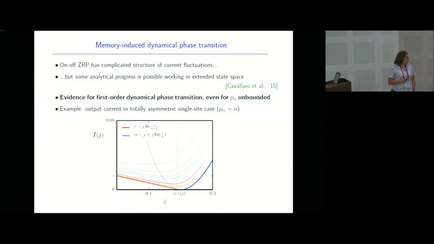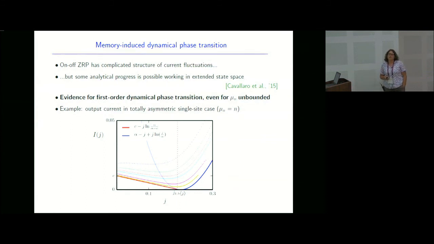But in particular, when you do this, you find there's evidence for dynamical phase transitions, and in particular for a first order dynamical phase transition even for the case where μn is unbounded, when there are no phase transitions at all in the Markovian case.